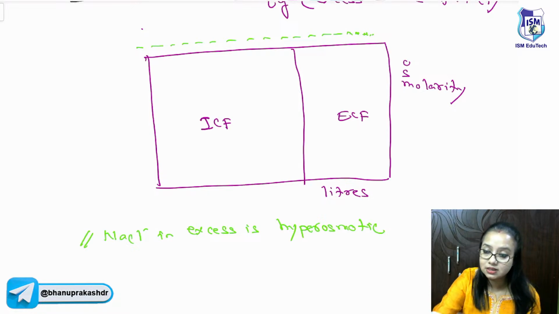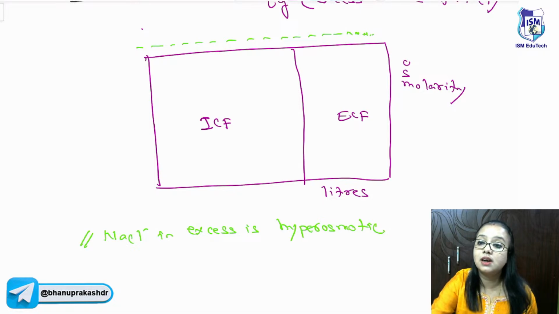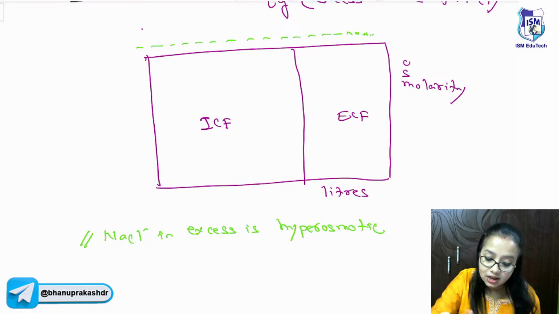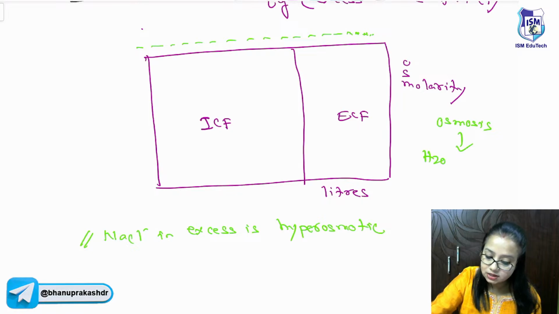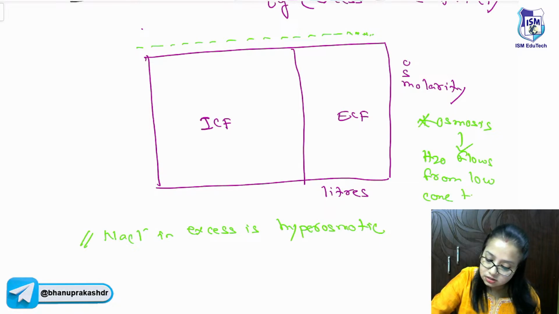Since it is hyperosmotic, it will draw some fluid out of the ICF, because the ECF has become more thick and the ICF relatively hypoosmotic. Following the law of osmosis, water flows from low concentration to high concentration, right?